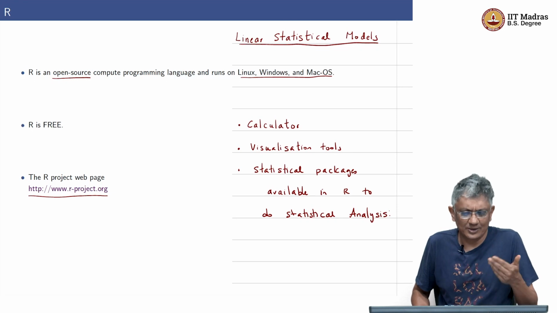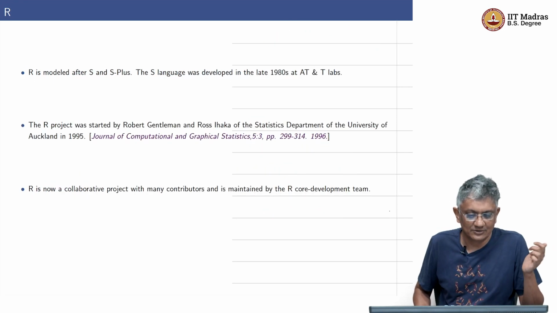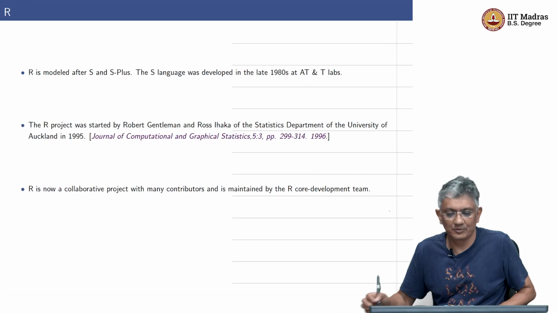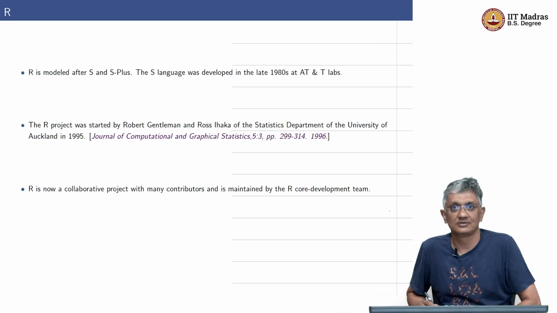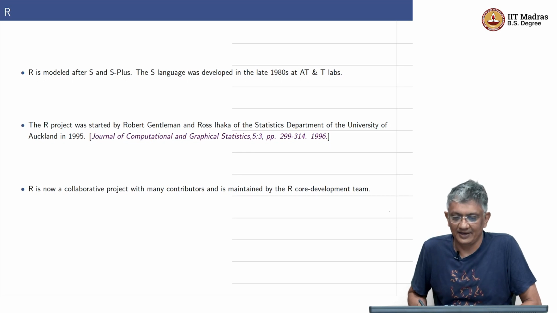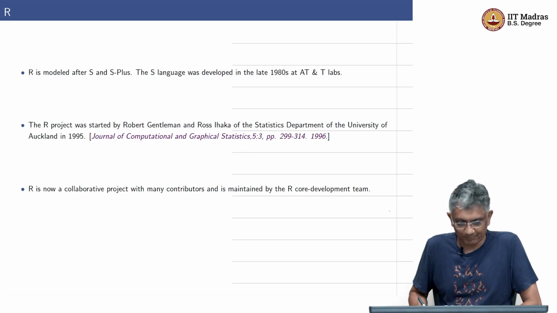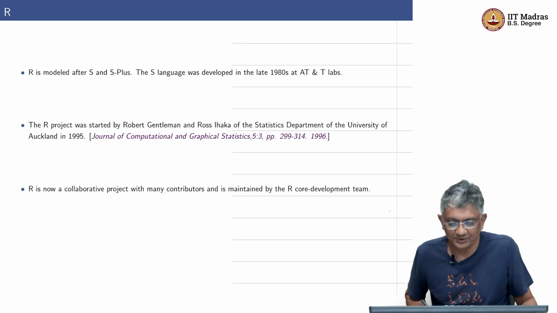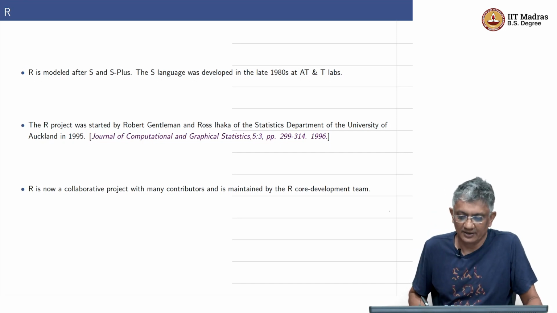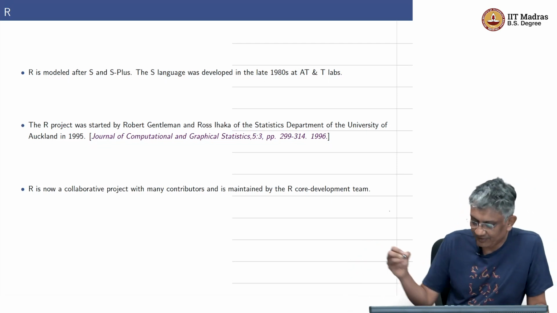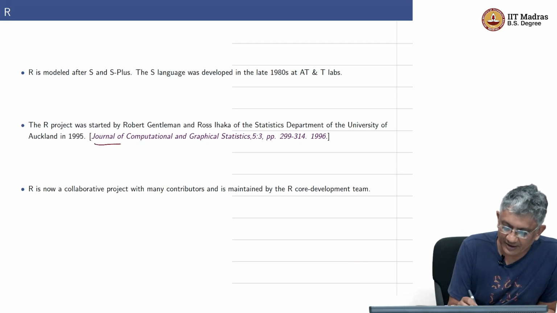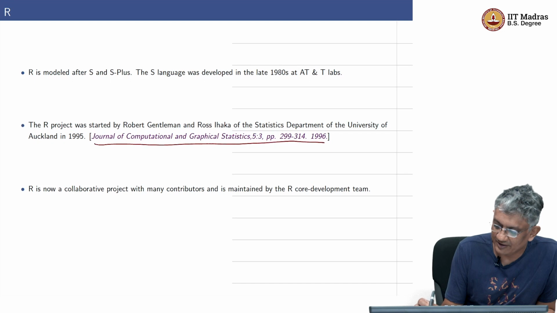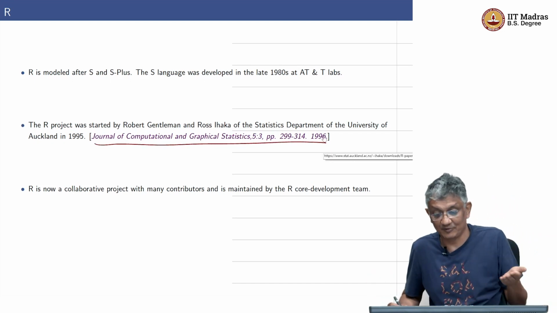So today I'll just do some very simple things. Just a brief history of R. R was started with a language called S in the late 80s at AT&T Labs. Then the R project started by two people, Robert Gentleman and Ross Ihaka in New Zealand. This paper that they wrote in '95 outlines their vision of R and how R is to be developed as software.